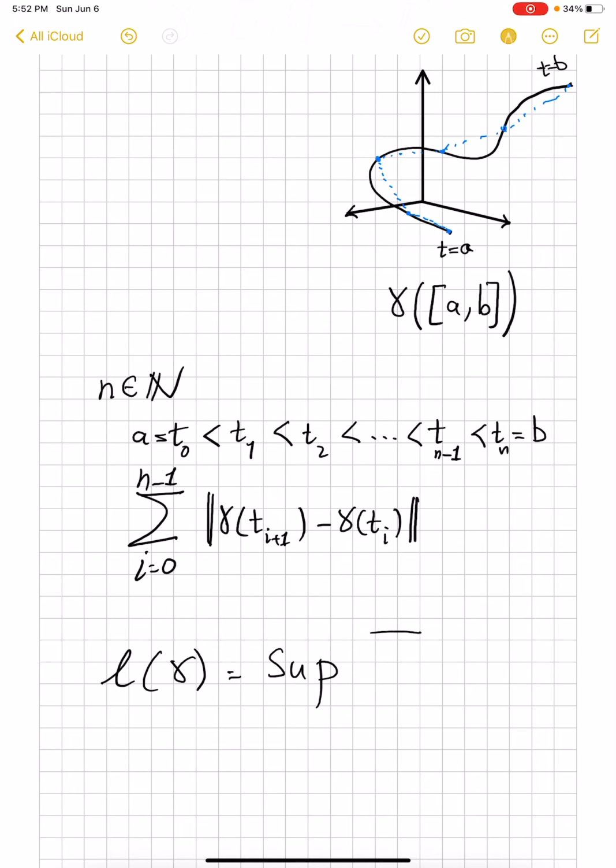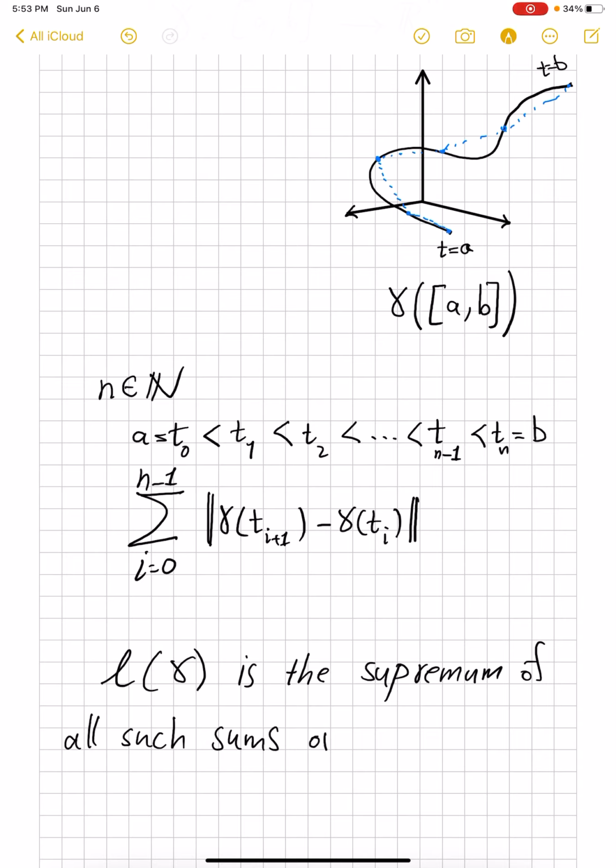So let's say the length of gamma is by definition the supremum of all such sums over all choices of n and t_i's.